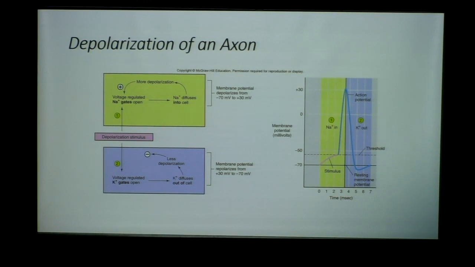Right, sodium's coming in, it's going to make the membrane potential more positive. Potassium's going out, it's going to make the membrane potential more negative. Okay, and going all the way back to speaking about why they ended up moving in those directions, we talked about the resting membrane potential, we talked about establishing the electrochemical driving forces, right? So we know why they're moving in the direction that they're moving.